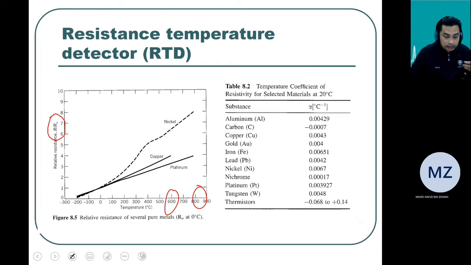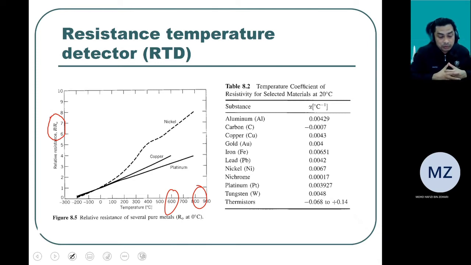If you look at table 8.2, there are more temperature coefficients of resistivity for selected materials. Of course, the lowest one, I think, is nichrome. Nichrome has a very low temperature change compared to the relative resistance change.